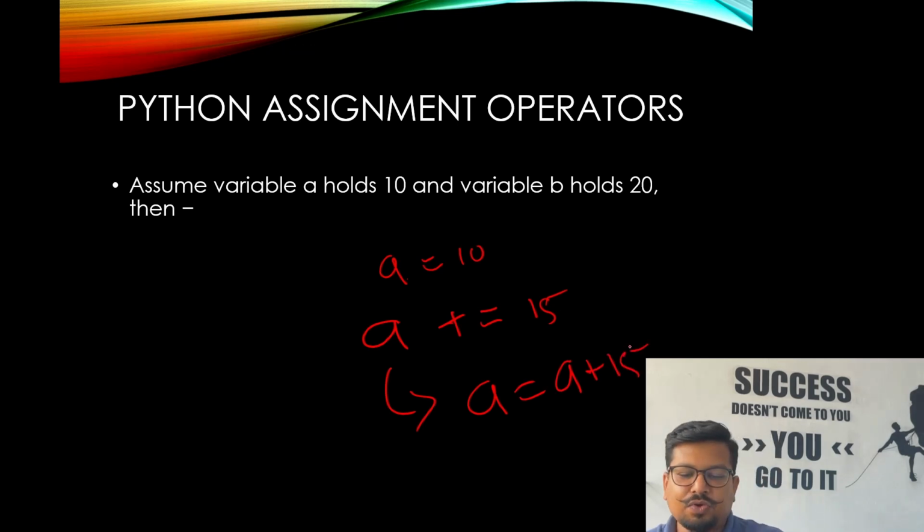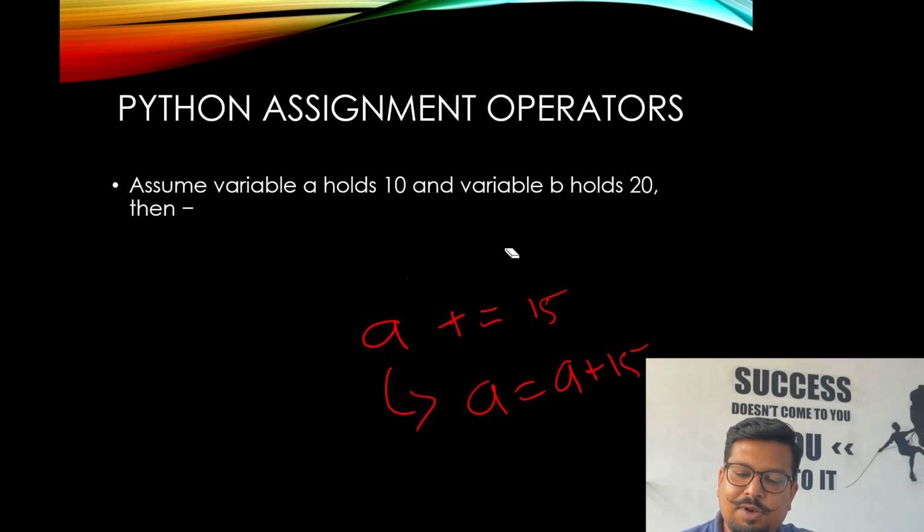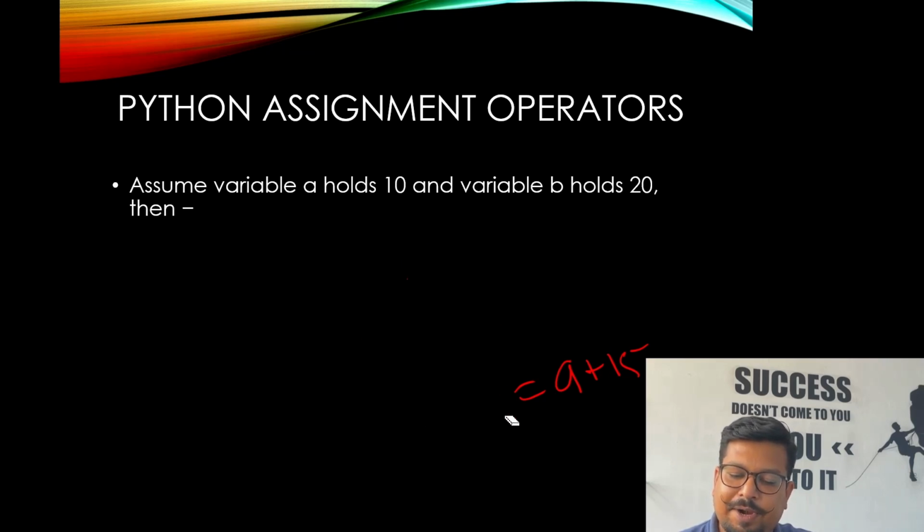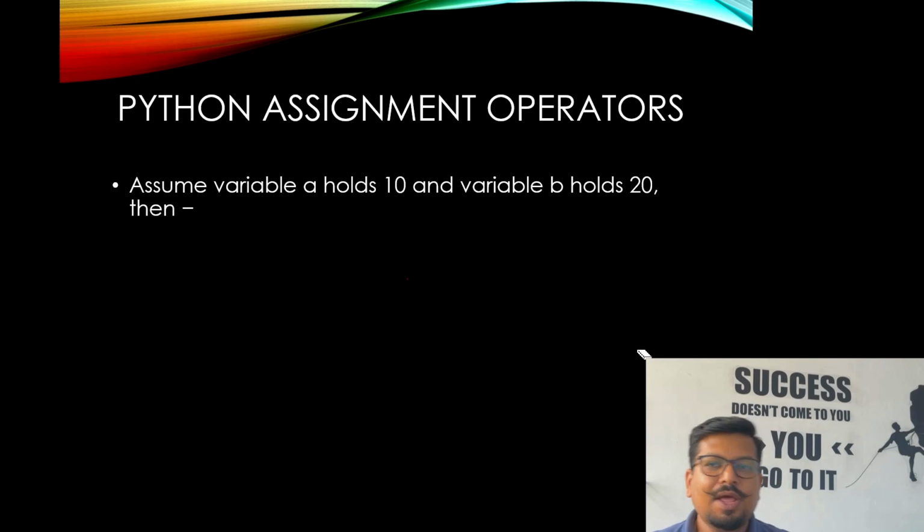Okay, so you can use this, the answer you will get will be stored back into A itself. So you can use this, or else it will be useful when I am doing an increment operation, because the increment operator is not available in Python. So you can use this trick to increment it by 1.